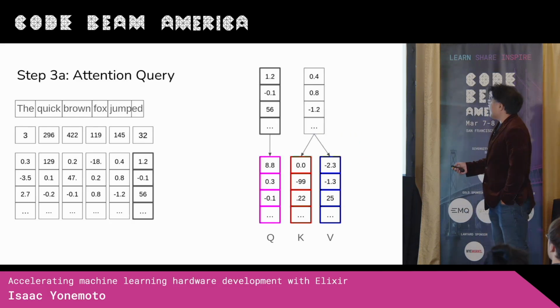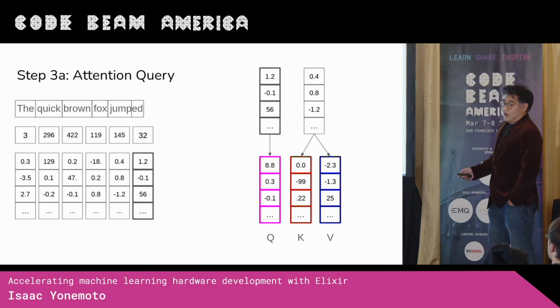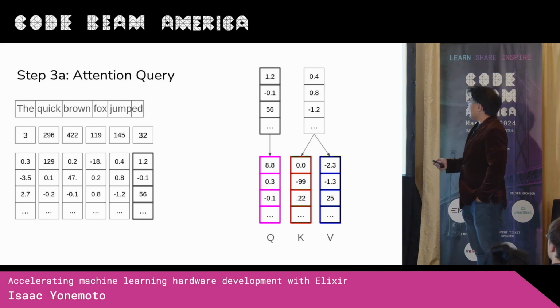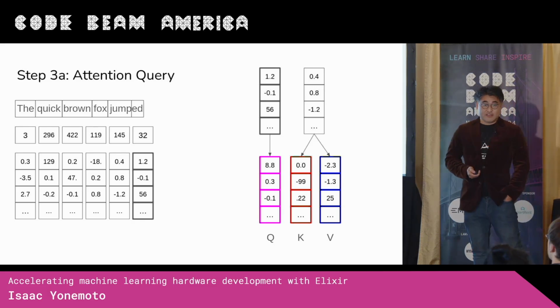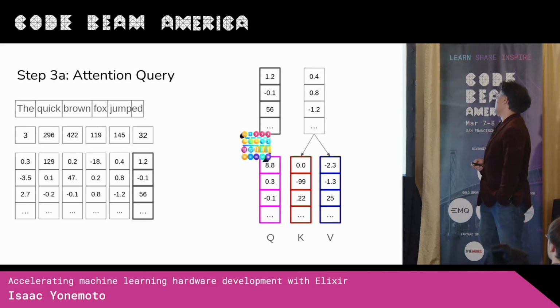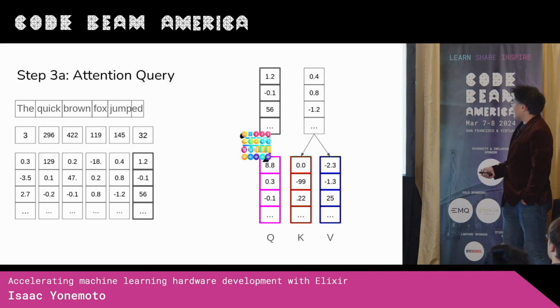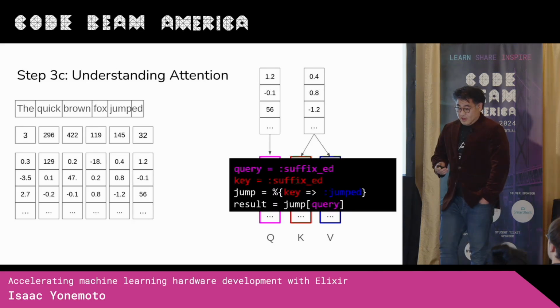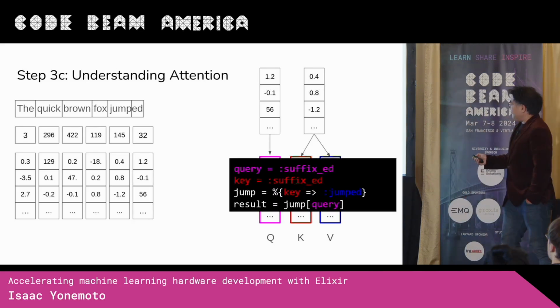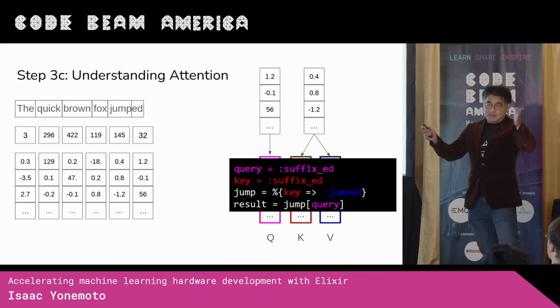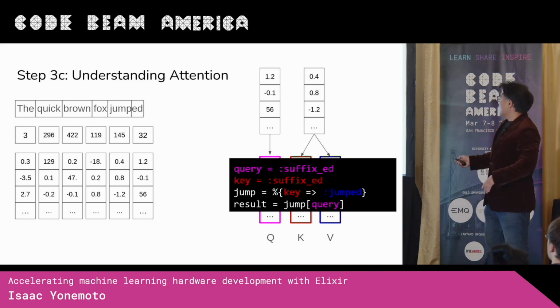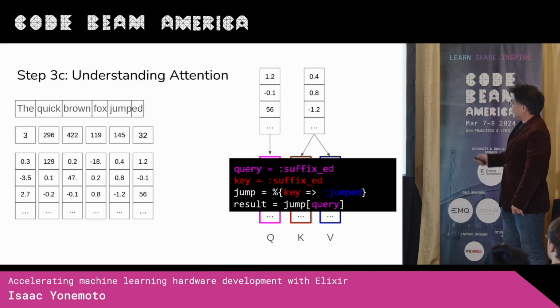Then we're going to take the last token, and from this we're going to generate something called a query vector. And how do we generate that? Yet another giant matrix multiplication. So now we have these three vectors, query, key, and value, and I've labeled them that for a good reason. The way you should think about this is as if the query is like some term. In the case of ed, the fact that it's a suffix gets encoded in this vector here.